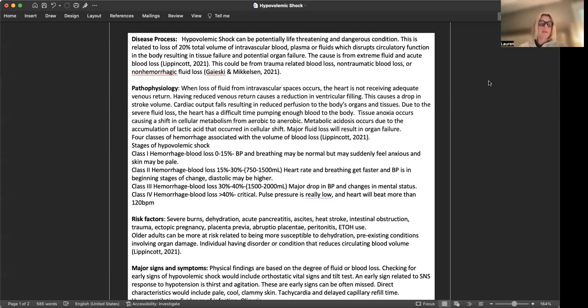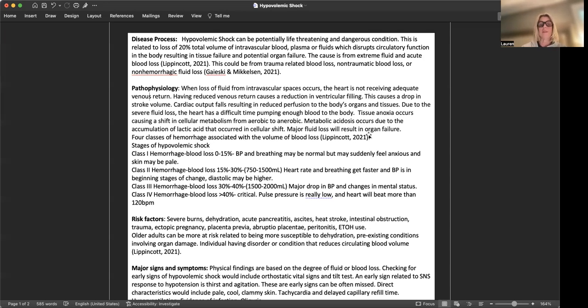And what happens is the heart is really not having enough to pump, hardly anything at all. Having reduced venous return causes a reduction in ventricular filling. This causes a drop in the stroke volume. Then the cardiac output falls, resulting in reduced perfusion to the body's organs and tissues.